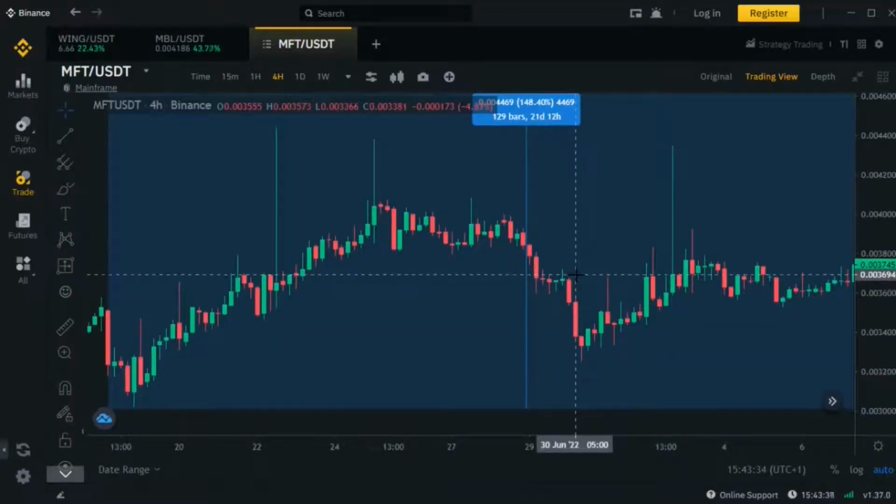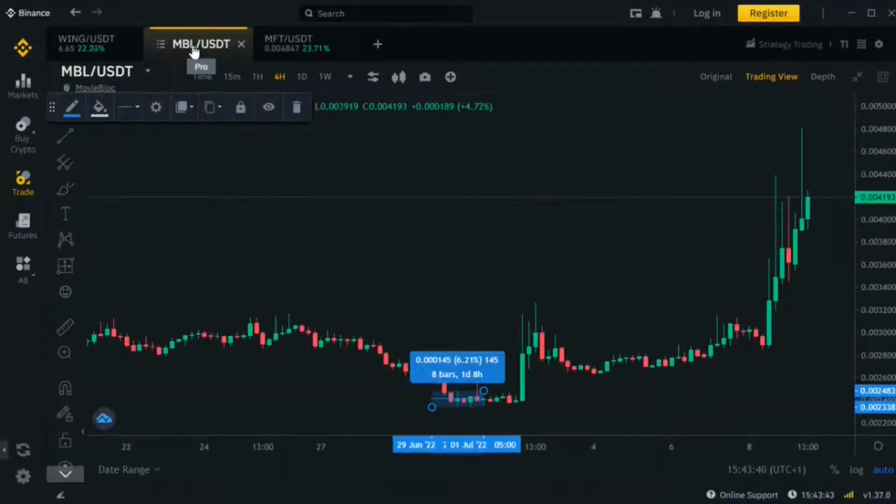Okay, moving on to the next crypto ticker symbol, MBLUSDT.